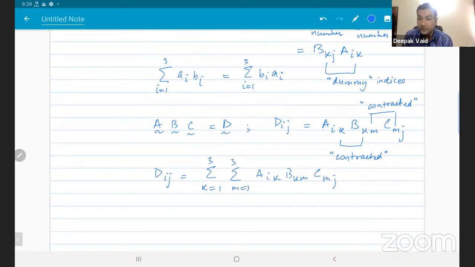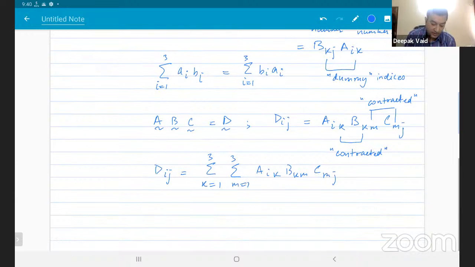This is how you would write down the product of three matrices. Now in this expression, I can also write this as Cmj Bkm.